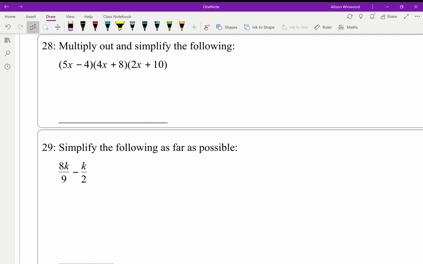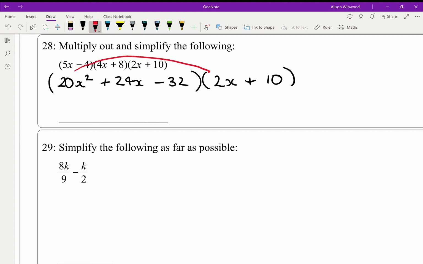To expand 3 brackets, start by doing just the first 2, which gives me 20x squared plus 24x minus 32, and then multiply that by the third bracket.